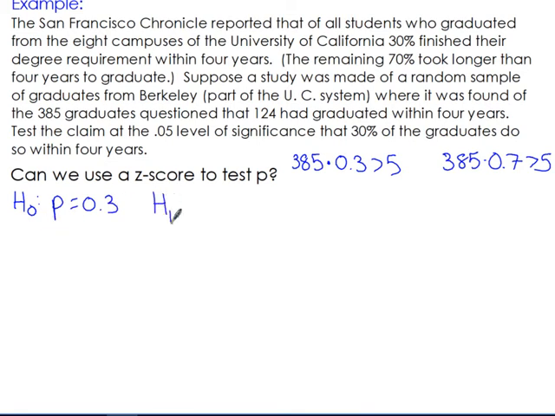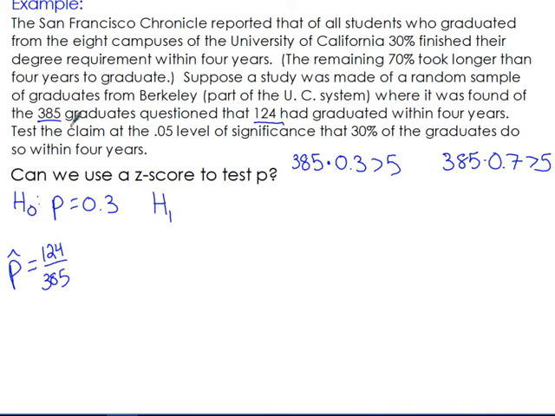What do they want us to test? Well, here, it doesn't quite say if it's less than or greater than. So what I'm going to use as my deciding factor is my p hat, my 124 over those 385. Where did I get the 124? Because 124 said they graduated in 4 years out of that 385.